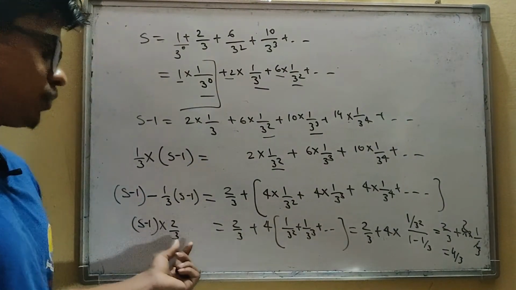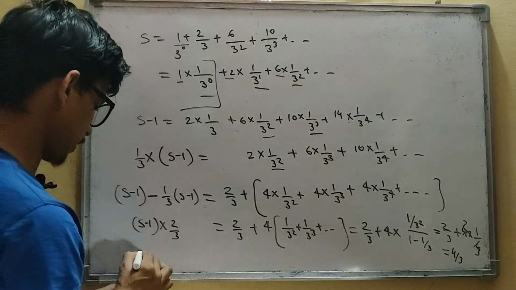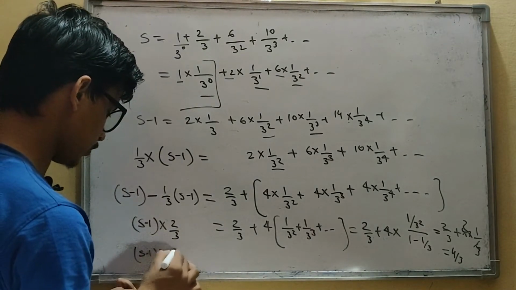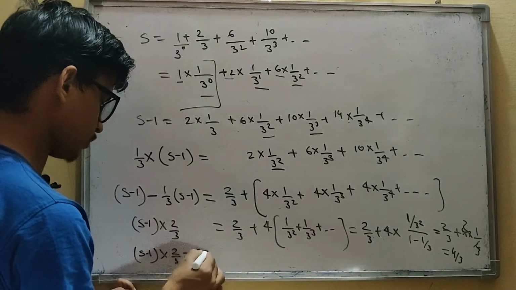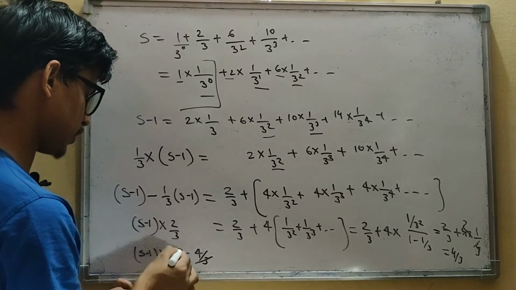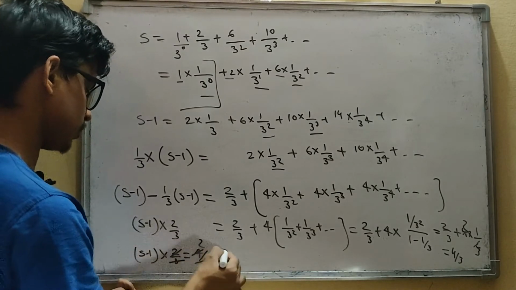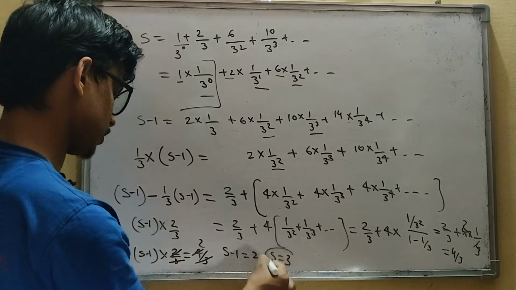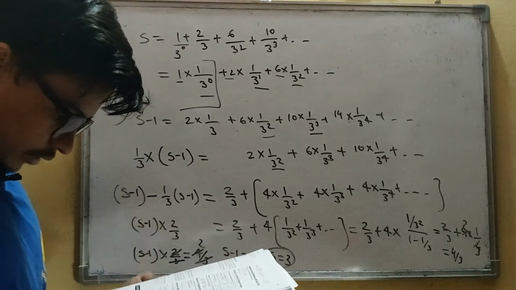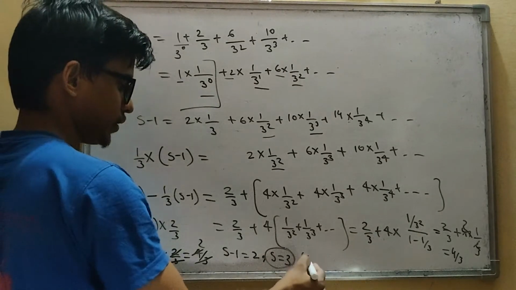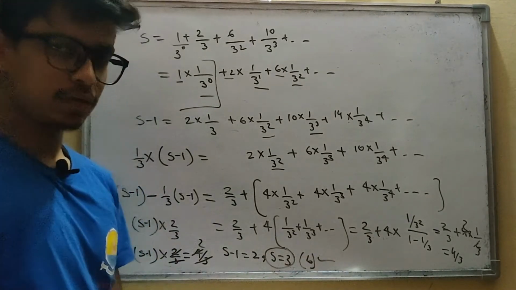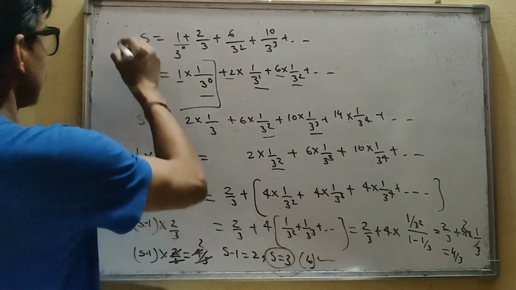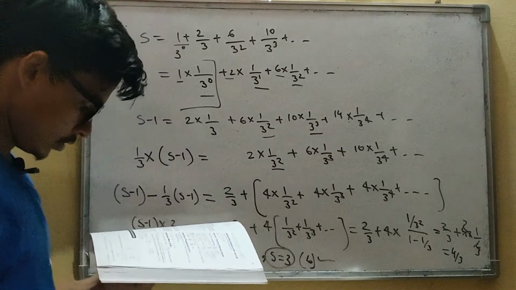So s minus 1 into 2 upon 3 is equal to 4 upon 3. 3 will cancel out with 3, and 2 into 2 is 4. So s minus 1 is equal to 2, the value of s is 3, right? So this is how you can do this. So option B is the answer. This was question number 3, and the answer is 3 also.